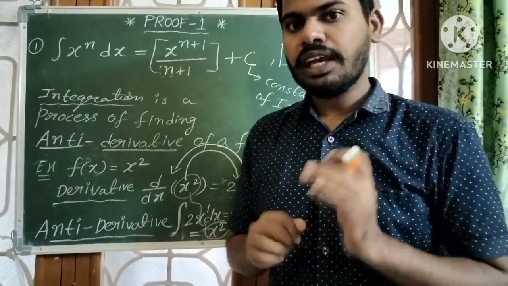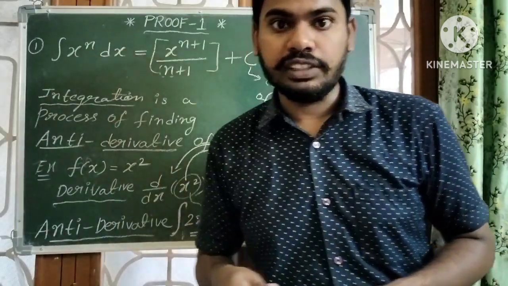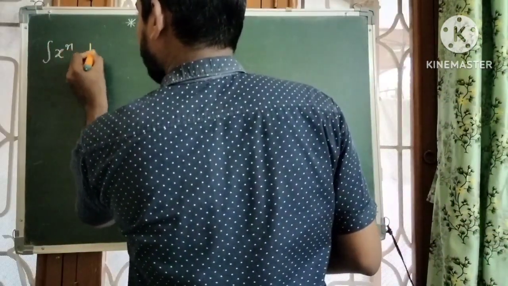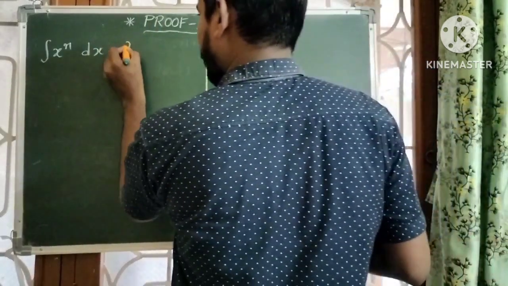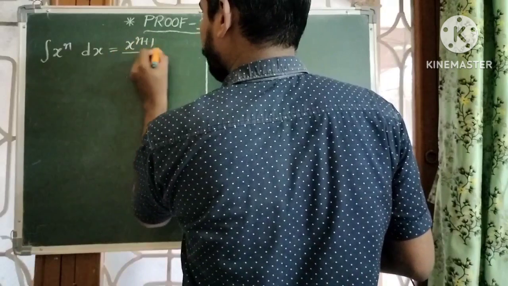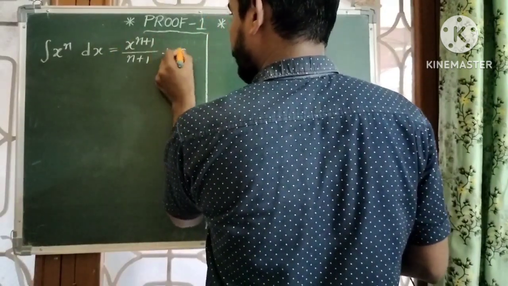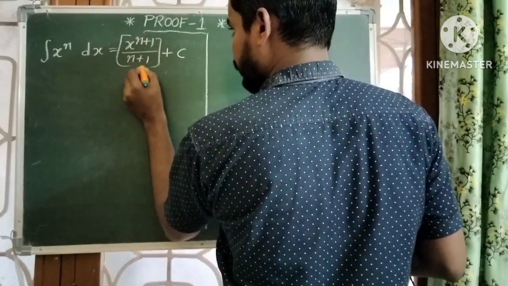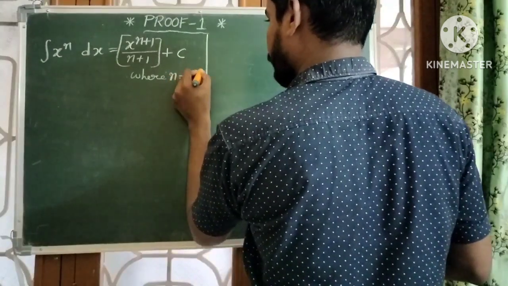Anyhow, let's start this proof. Integral x power n dx is equal to x power n plus 1 by n plus 1 plus c, where c is the constant of integration and n is not equal to minus 1.